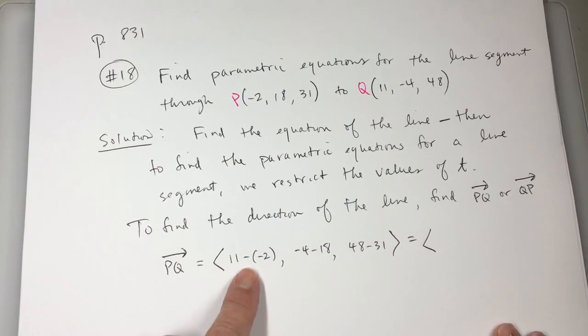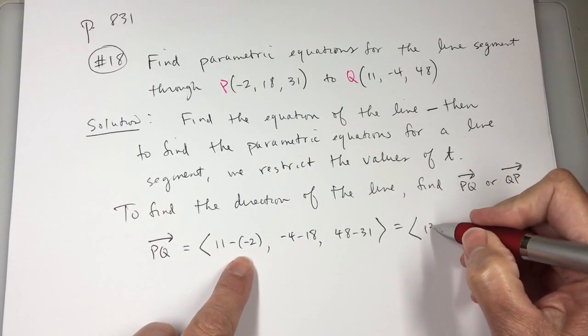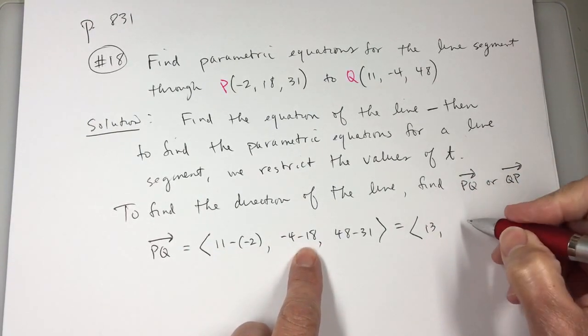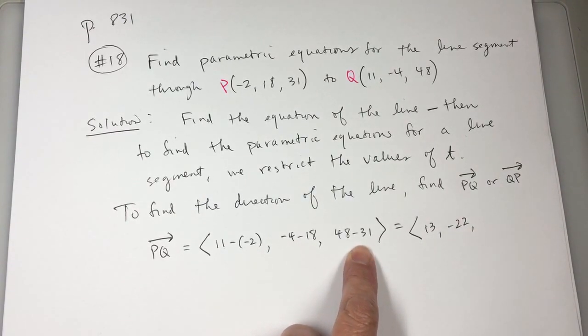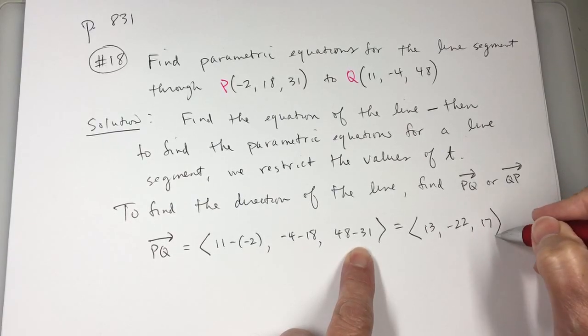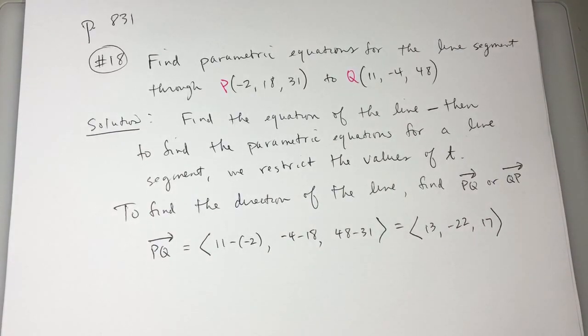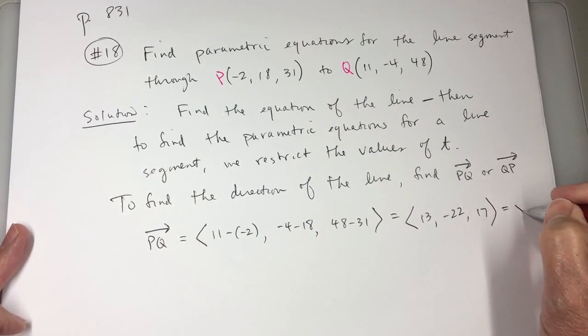So that's going to be the vector with components 13, -22, and 17. So that gives me the direction.